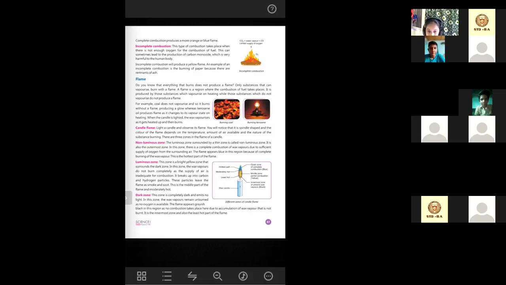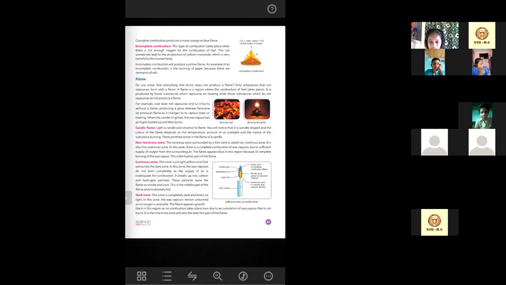So this is the middle part of a candle flame. In this zone, the wax vapors do not burn completely, as the supply of air is inadequate for combustion. As the luminous zone has a cover of the non-luminous zone, it cannot come in direct contact with the oxygen and cannot get sufficient oxygen for burning.